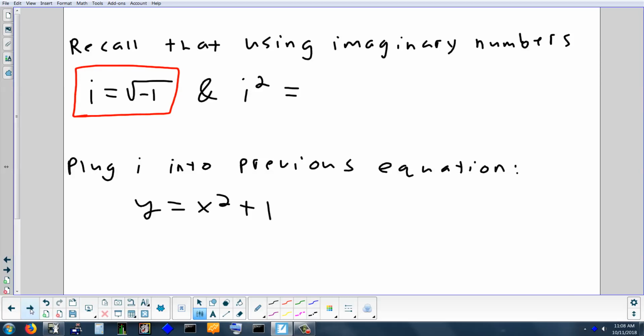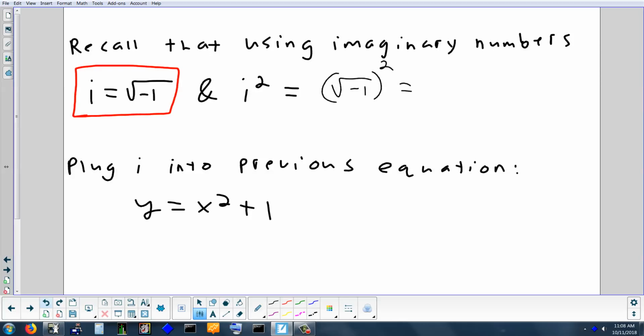So what i basically allows us to do, even though i looks like a letter, and it is in the English alphabet, i represents a number in math. What number does it represent? That number right there, the square root of negative 1. Now if we extend that a little bit, if you take the square root of negative 1 and square it, what would you get?